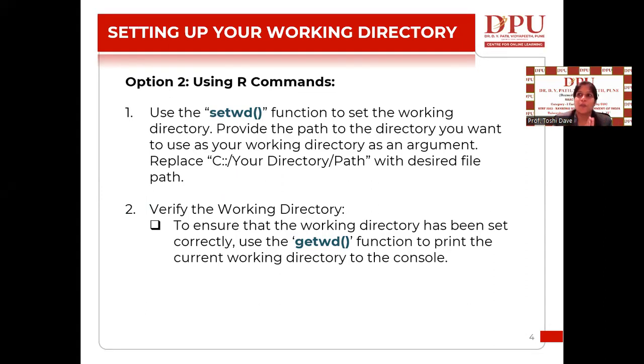By clicking on Properties, you will be given the location. There is a tab called Location. Clear? So by clicking on it, copying that complete location, you can provide your working directory path to RStudio using the command setwd.